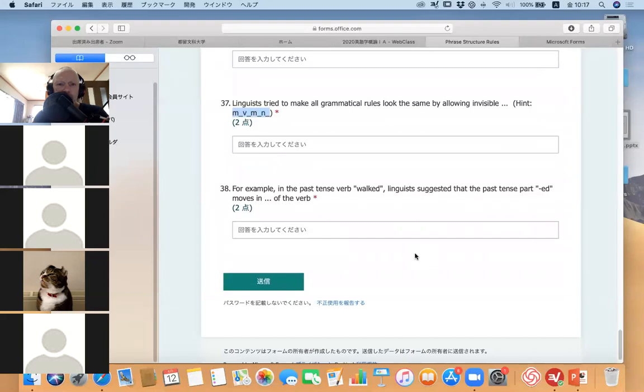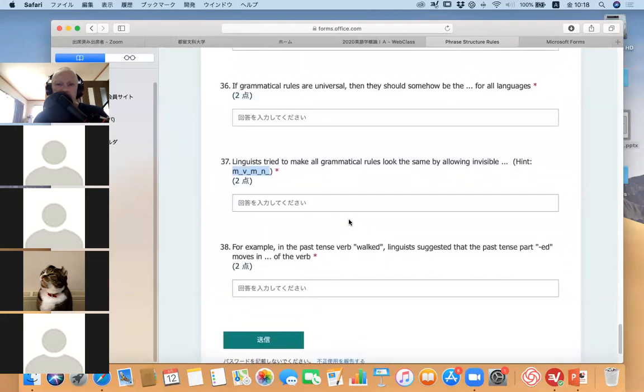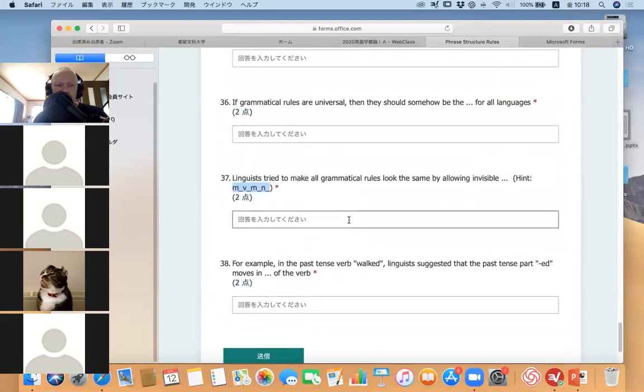I'm going to leave it with you. And then number 38, for example, in the past tense verb walked, linguists suggested that the past tense part, ed, moves in to the verb. Think about it.